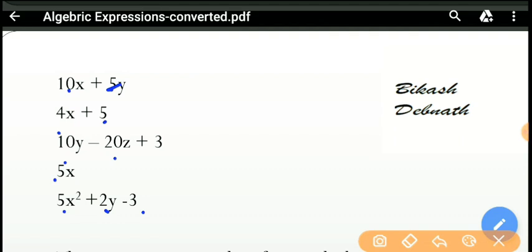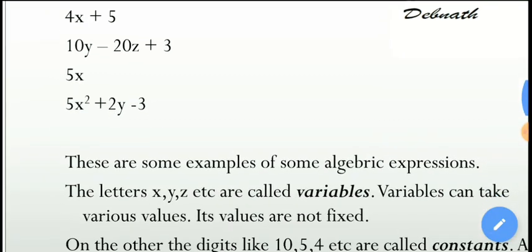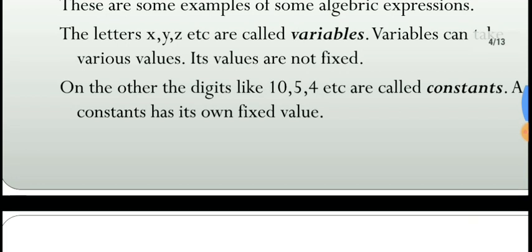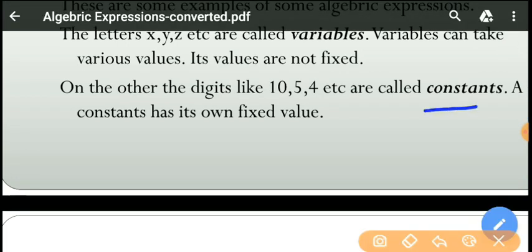These are all known as constants. And on the other hand, this y, x, z can be considered as variables. So have we learned what are constants and what are variables? Are you clear with that? Okay.